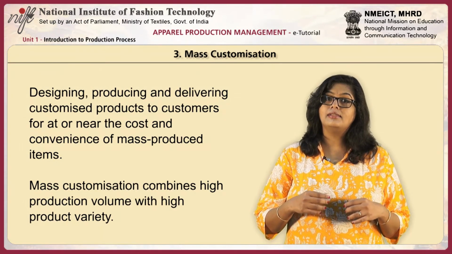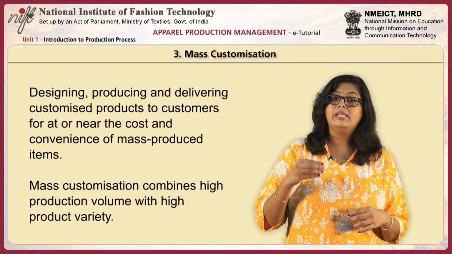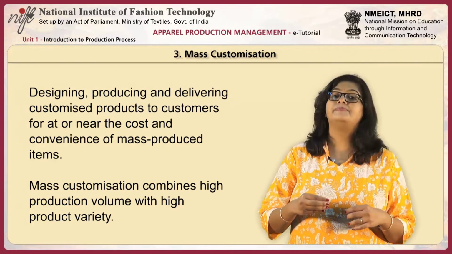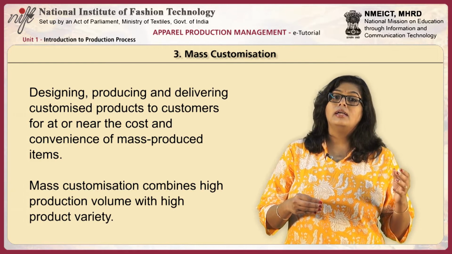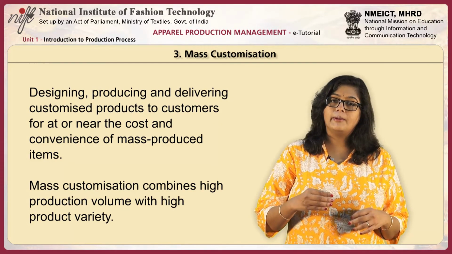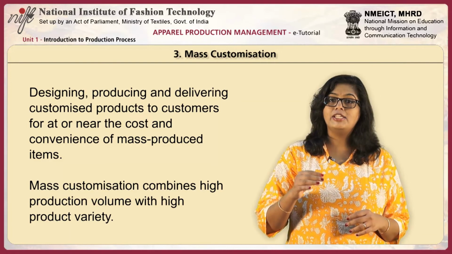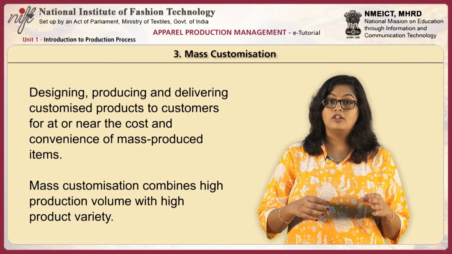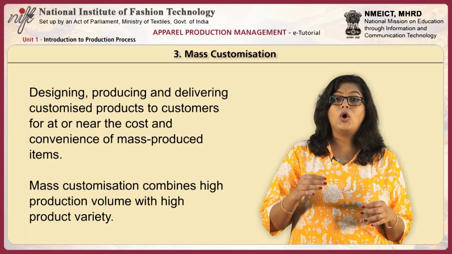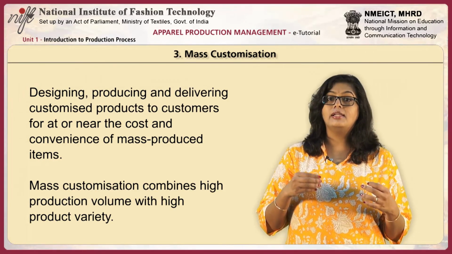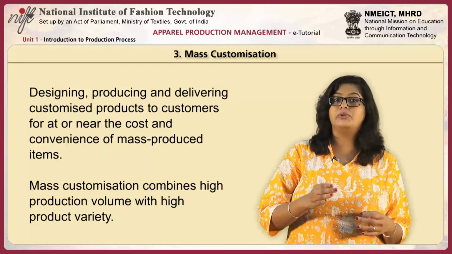Now let us look at the third, which would be the mass customization. Designing, producing and delivering customized products to customers for at or near the cost and convenience of mass produced items.